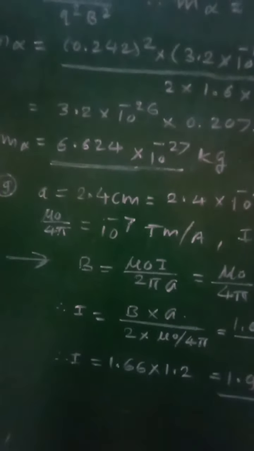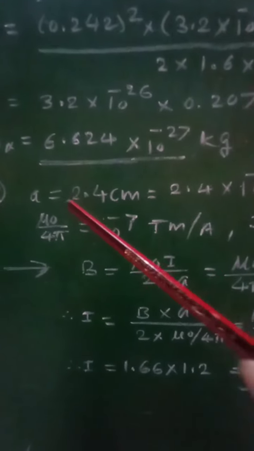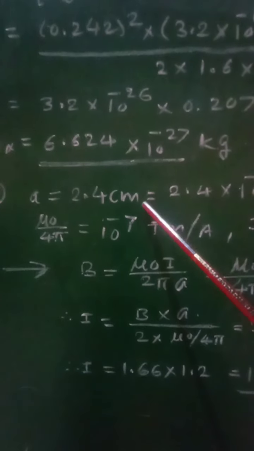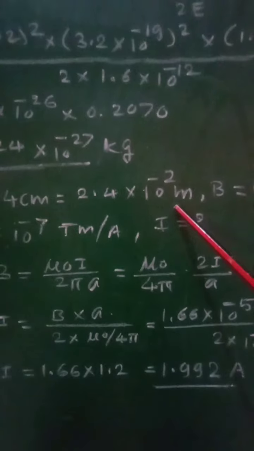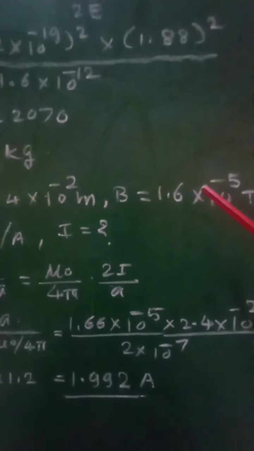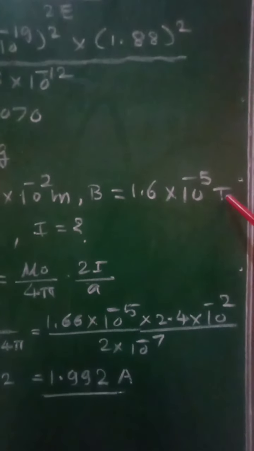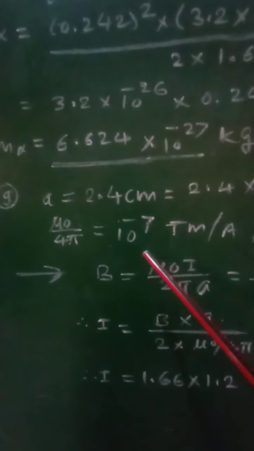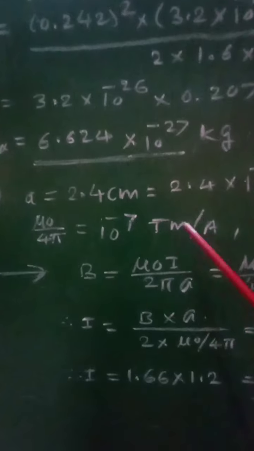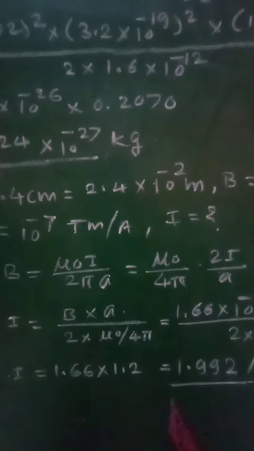In this numerical, the given data is A equal to 2.4 centimeter, that is the distance, which is equal to 2.4 into 10 raised to minus 2 meter. Then the magnetic field B is equal to 1.6 into 10 raised to minus 5 Tesla, because it is 16 micro Tesla. Then mu 0 upon 4 pi is equal to 10 raised to minus 7 Tesla meter per ampere, and we have to find the value of current I.